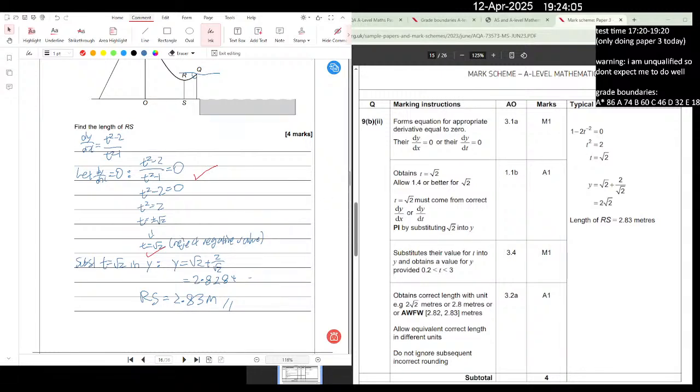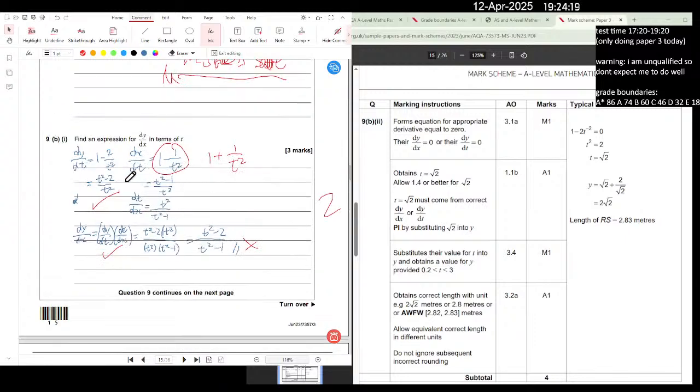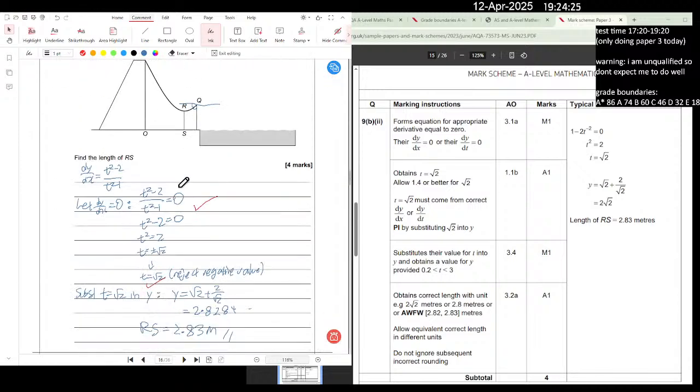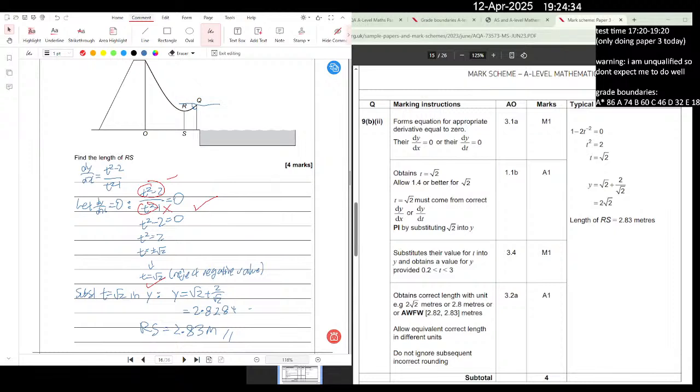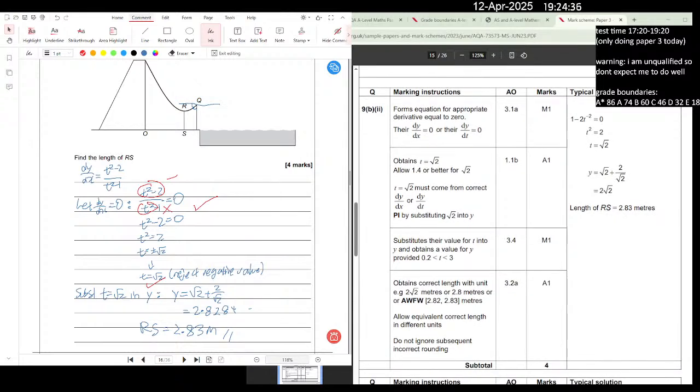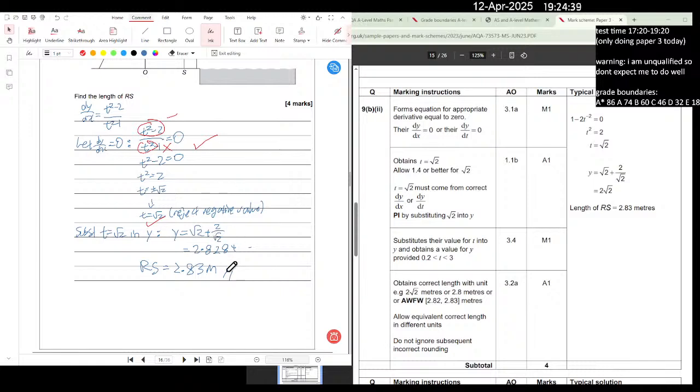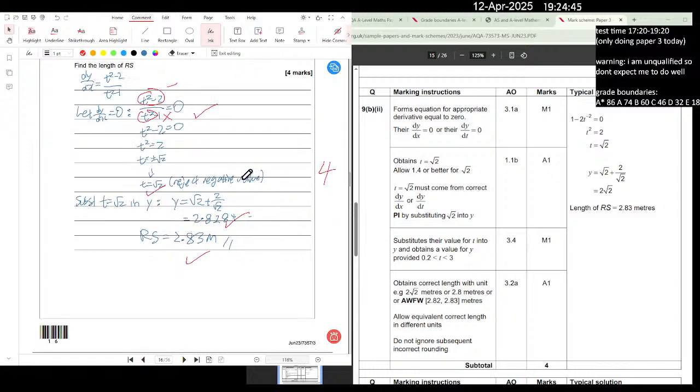T equals root 2 must come from correct dy over dx or dy over dt. Well, okay, my dx over dt was wrong, but the dy over dt was correct. So that means this part was correct, but this part was wrong. Meaning I will consider it a dy over dt that's correct. So that's why it was still right.